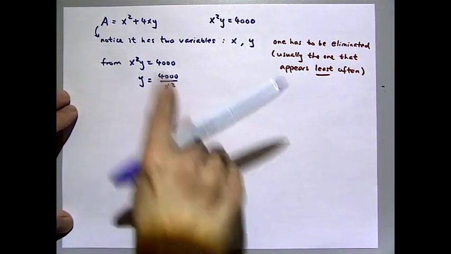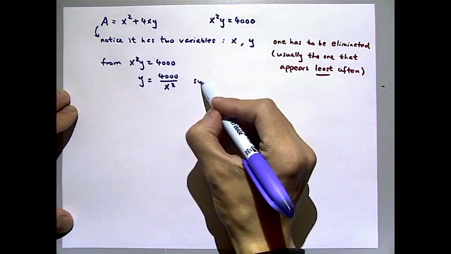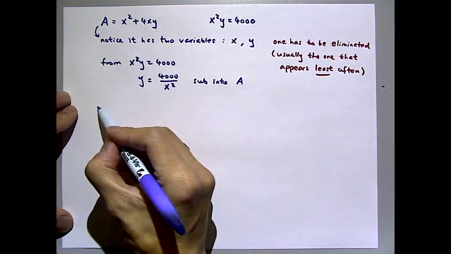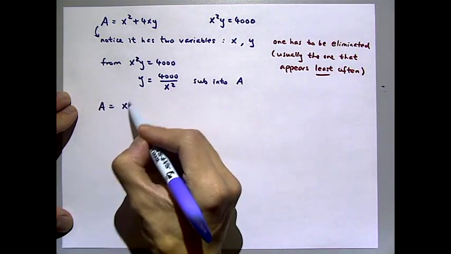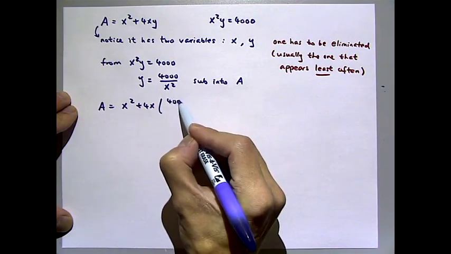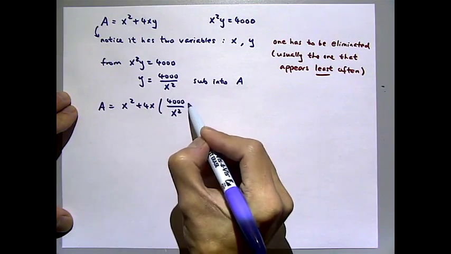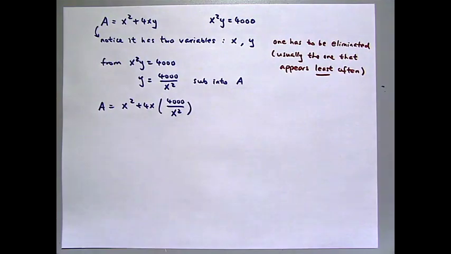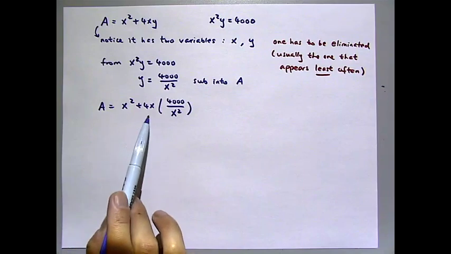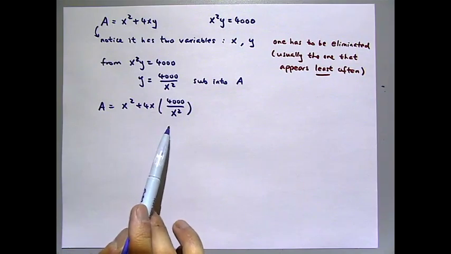Now we substitute this into the A equation. The A equation is x squared plus 4xy. I know what y is, so it is x squared plus 4x times 4,000 over x squared.